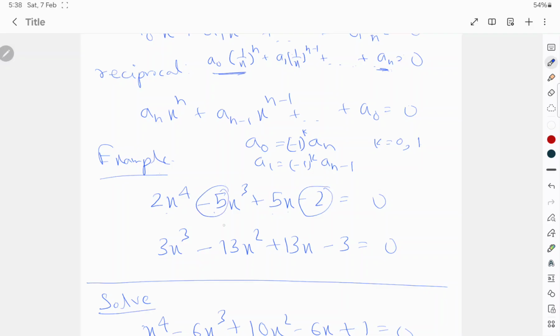Here this is minus 5, on the opposite side this is 5, so there will be some symmetric type of thing. If you go in this way or in this way, you will get the same thing. It may be multiplied with minus 1, that's it.